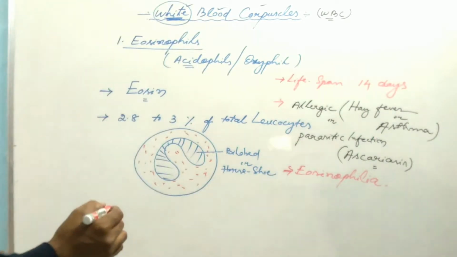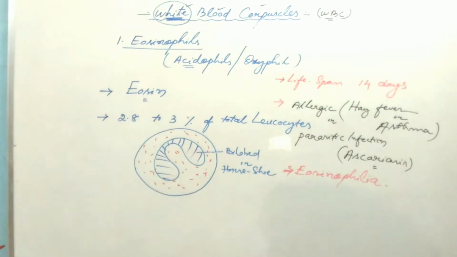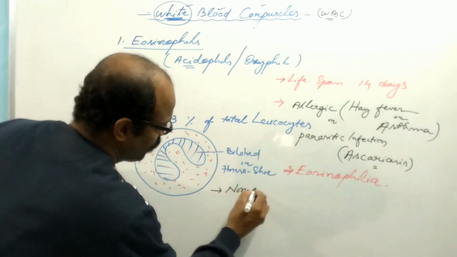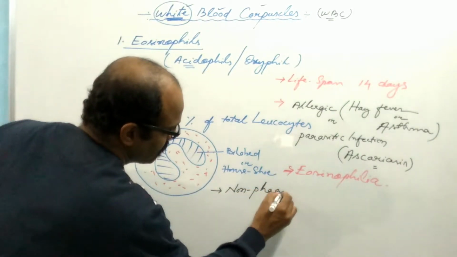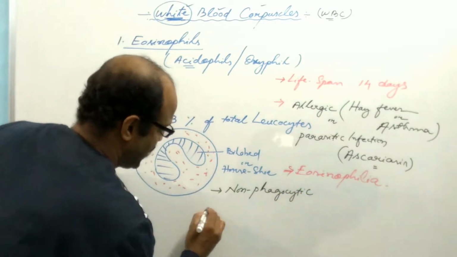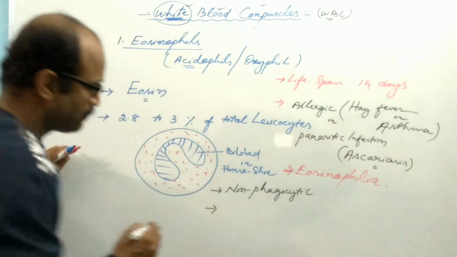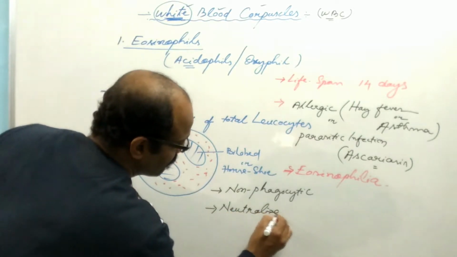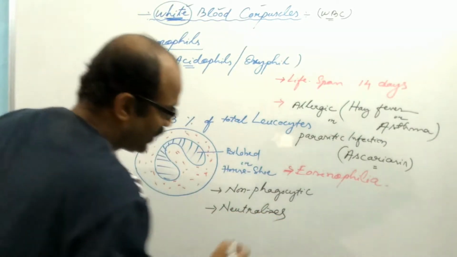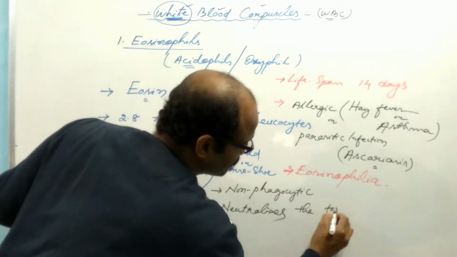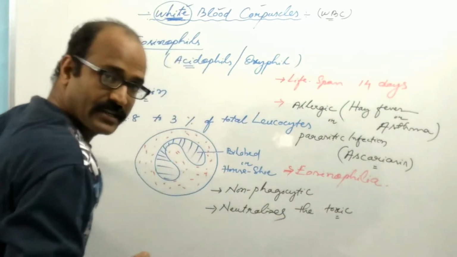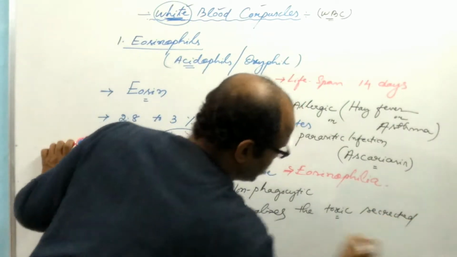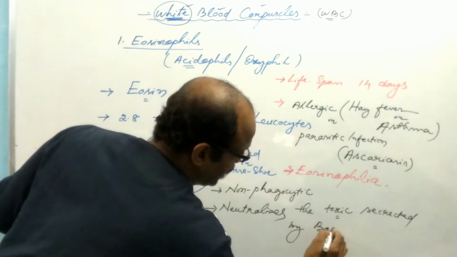Such eosinophils are non-phagocytic, and they neutralize the toxins secreted by bacteria.